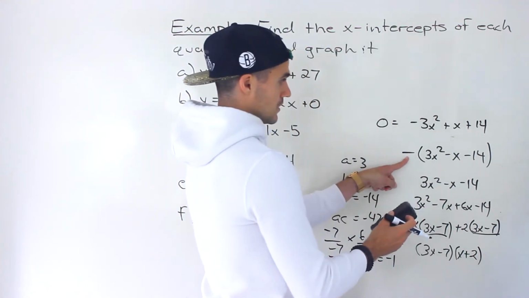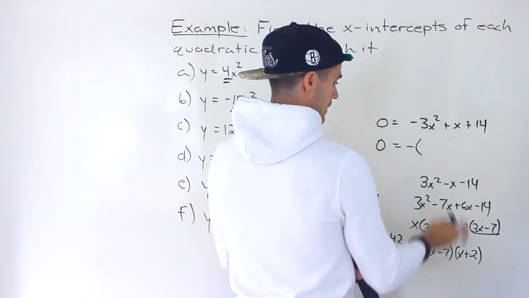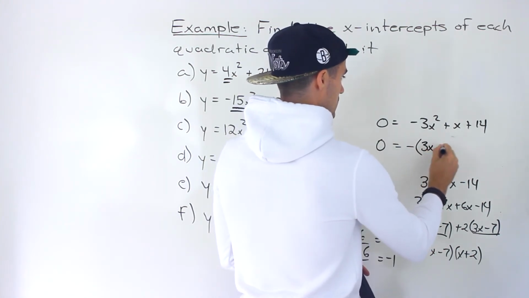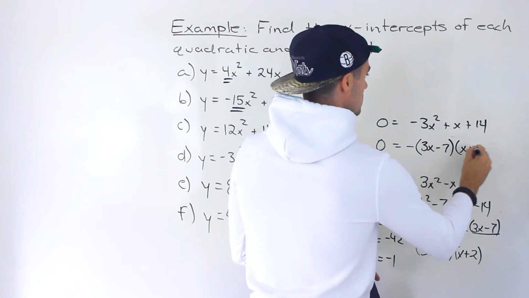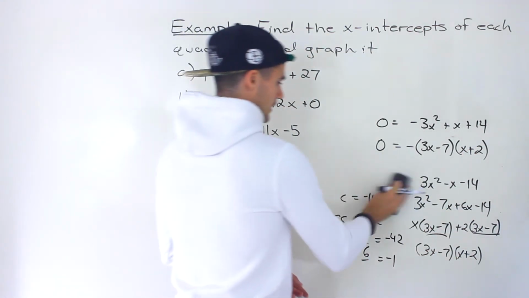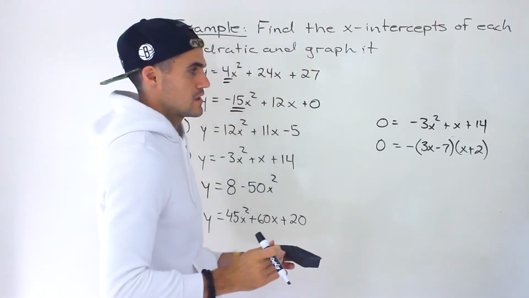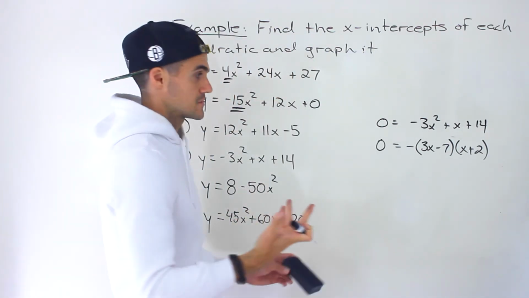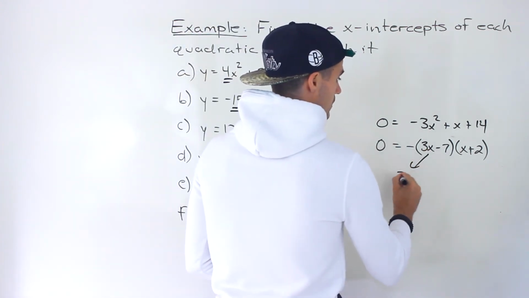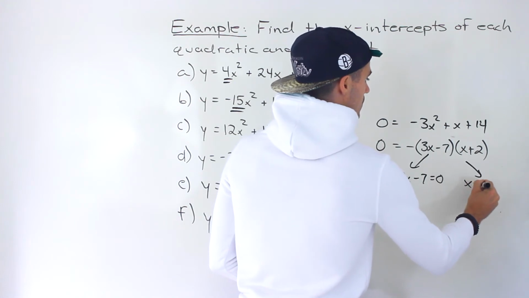So remember, we took out a -1 initially. So this factors into negative, and then we got these two factors, like that. Okay, and then from here, we can easily find the x-intercepts, right? Because we just have to find when do these two factors equal 0.